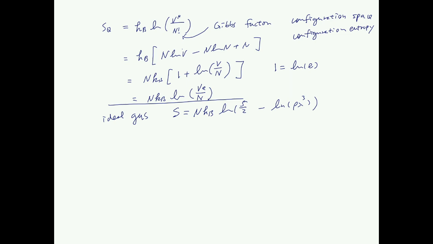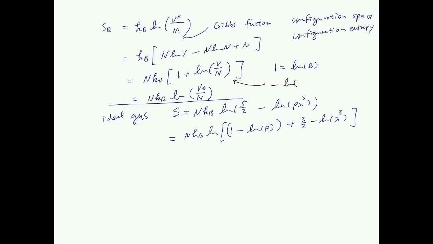I want to separate this entropy of the ideal gas. I take 1 minus log rho, and then I still have 3/2 minus log lambda cubed.